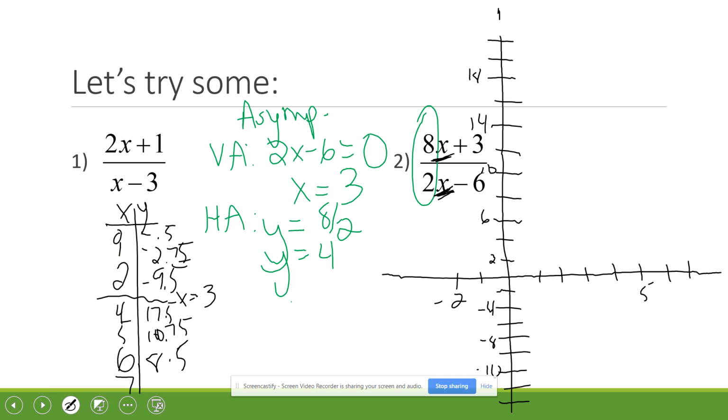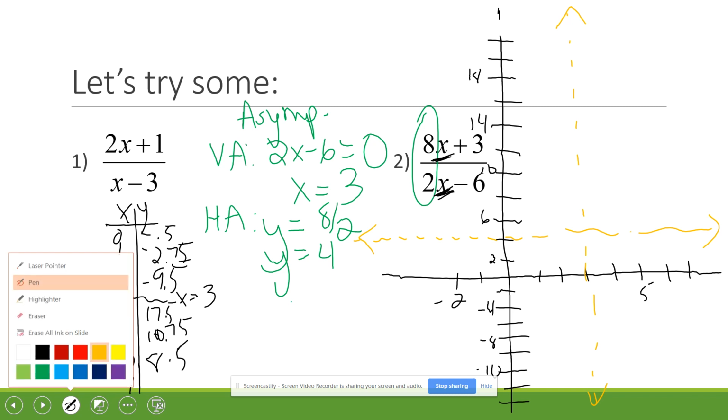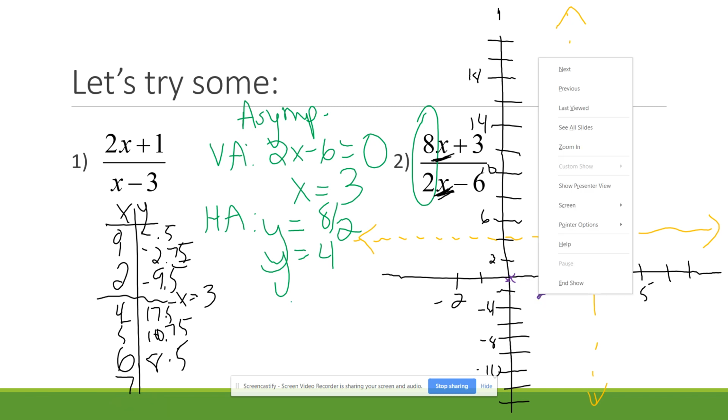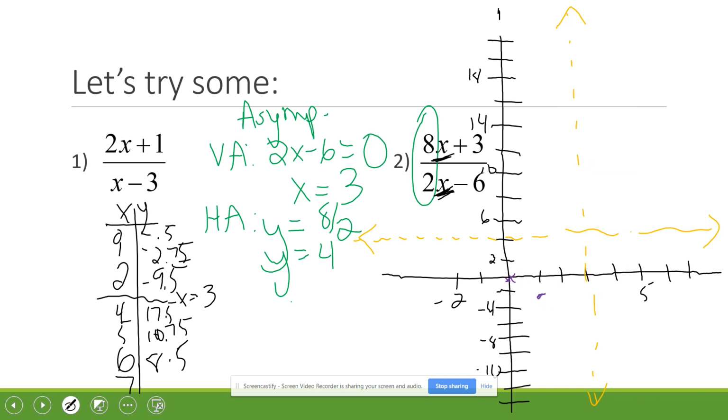All right, drawing my asymptotes at x is equal to 3 right here, and y is equal to 4. Remember, I went by 2's, so it's here. And plot our points. We have 0, negative 0.5, 1, negative 2.75, and then 2 is negative 9.5.